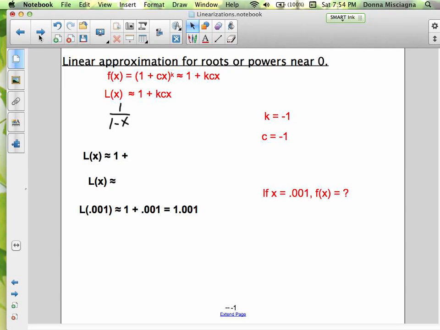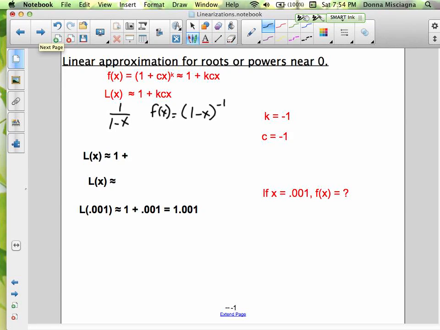All right, so we have 1 over 1 minus x. We could rewrite that so that we have 1 plus something raised to a power. So rewritten, and let me just write f of x equals, this would be 1 minus x to the negative 1 power.